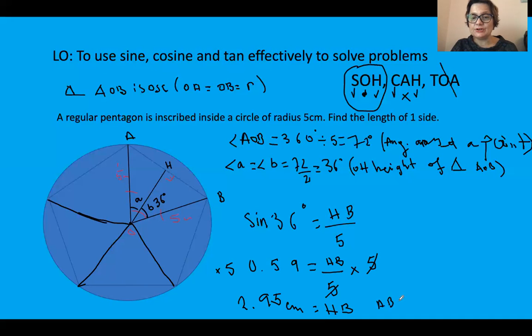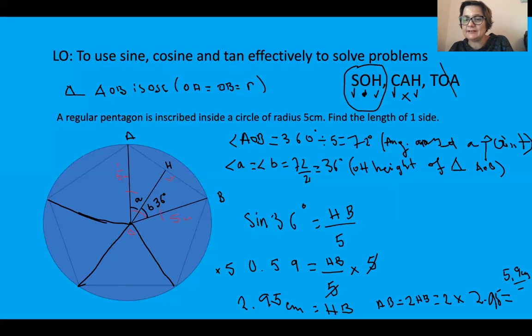AB equals 2HB, equals 2 times 2.95, equals 5.9 centimeters, just like that.